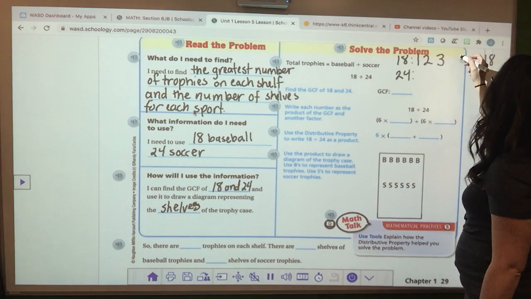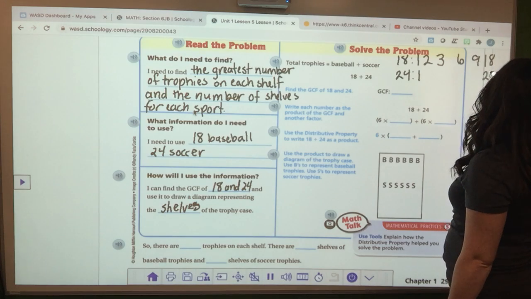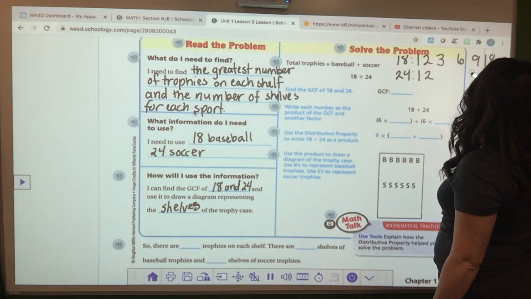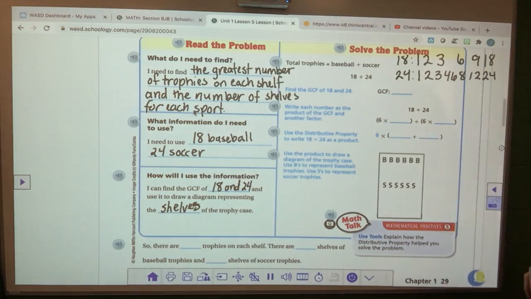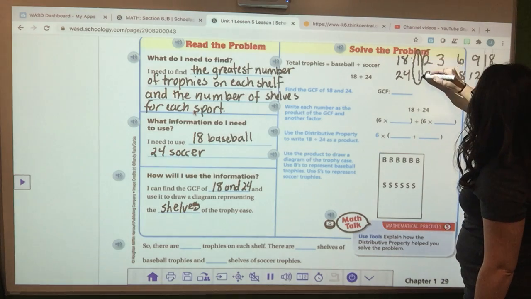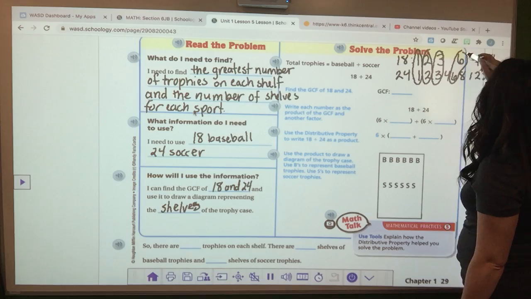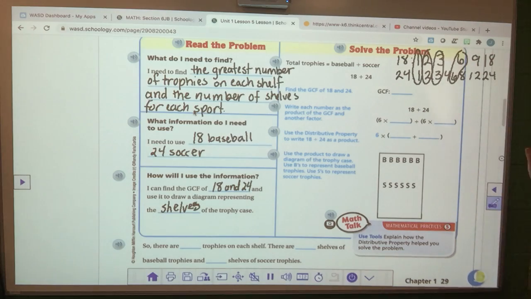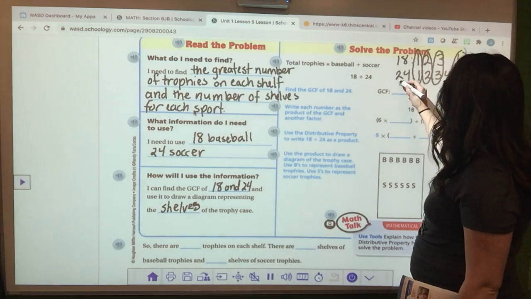We have 3 and 6 for 18. Then we have 1 and 24. We have 2 and 12. We have 3 and 8. And we have 4 and 6. Circling our common factors: 1, 2, 3, 6, and that's it. So our greatest common factor is 6.